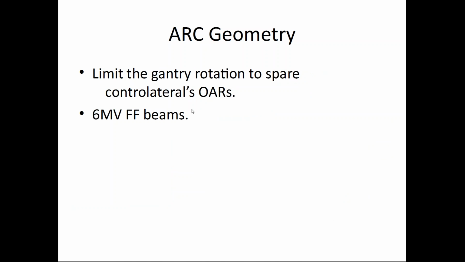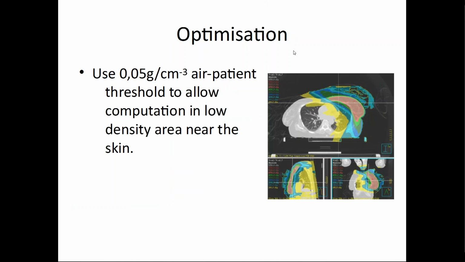I use only 1 energy with 6 megavolt flat beam. And so for the optimization, I decrease the patient threshold to allow the computation in the low density area near the skin. That improves the conformality in this area.